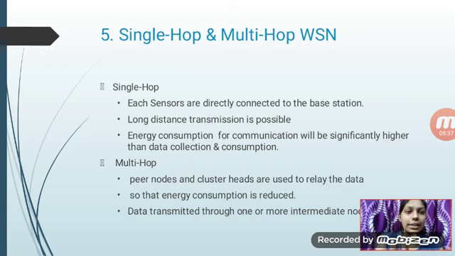Peer nodes and cluster heads are used to relay the data so that the energy consumption is reduced, and the data transmission can be done through the intermediate nodes.